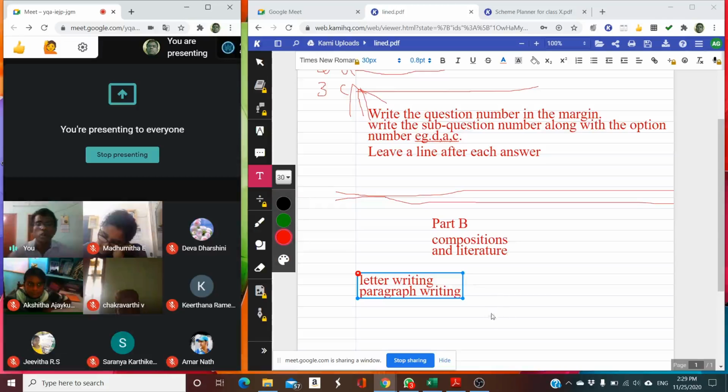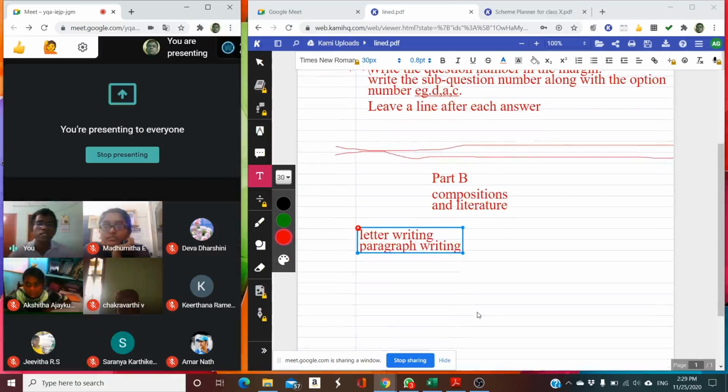When you write all this, after each answer, suppose you write the letter, after each letter you can leave a line. After a paragraph also, you can leave a line. This is the way in which I would like you to present the paper.